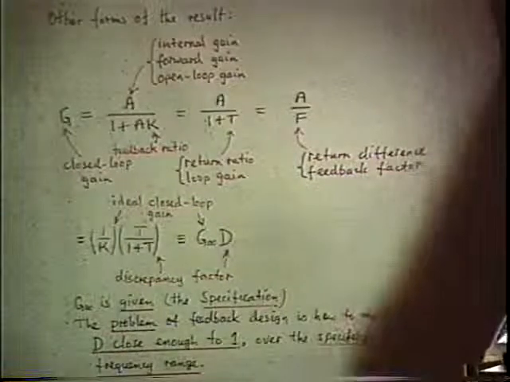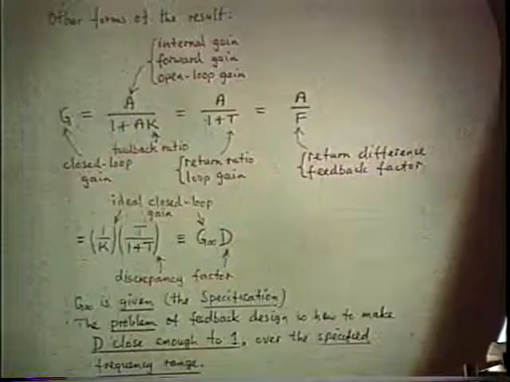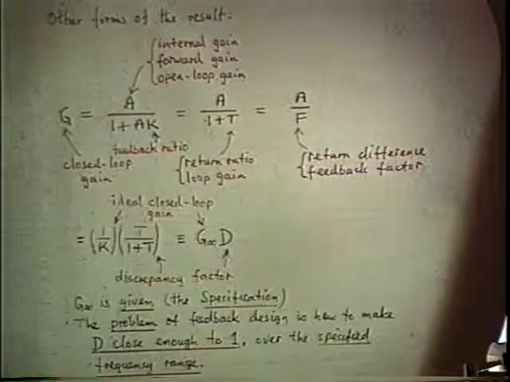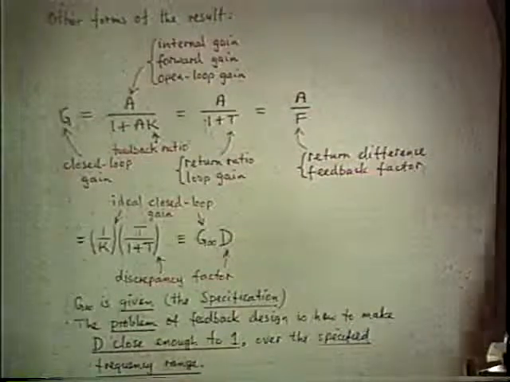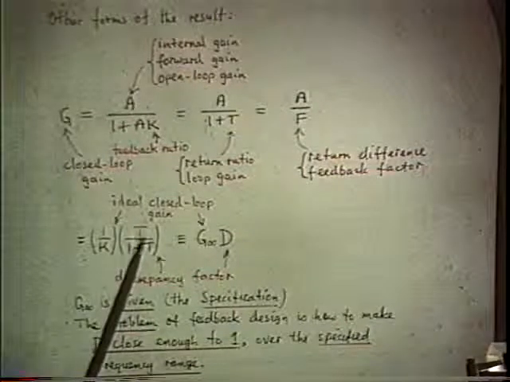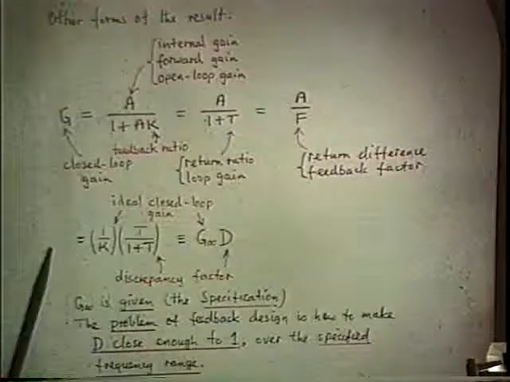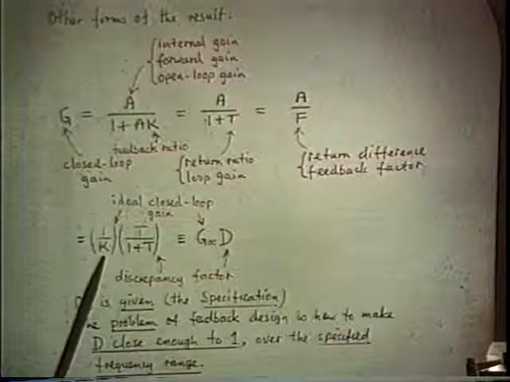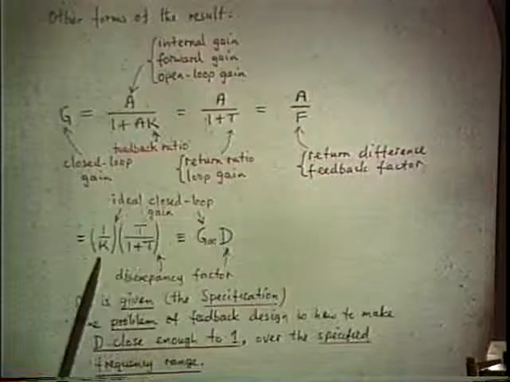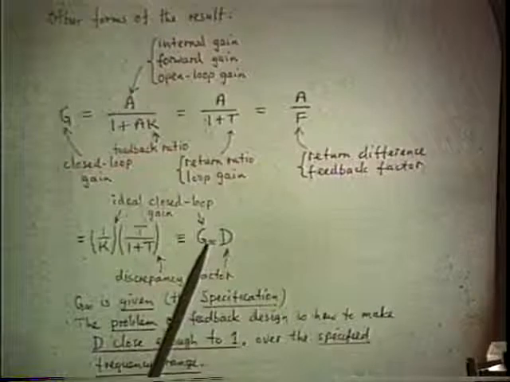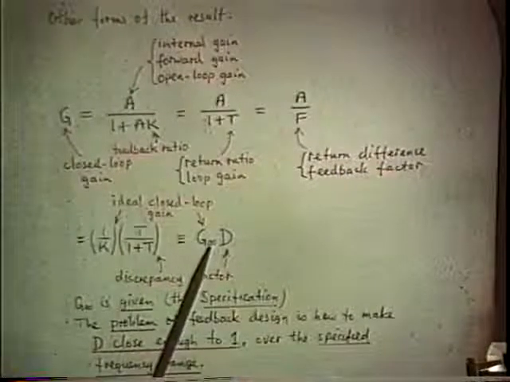On the philosophy that if you've designed a feedback system, it's because feedback is a benefit, so you want the T to be as large as possible, and the best value of T to have is infinite, and that makes that factor go to 1, which means G approaches 1 over K in the ideal case of an infinite loop gain, and so let's just define 1 over K as a limiting value of G. So that's the reason for the subscript.